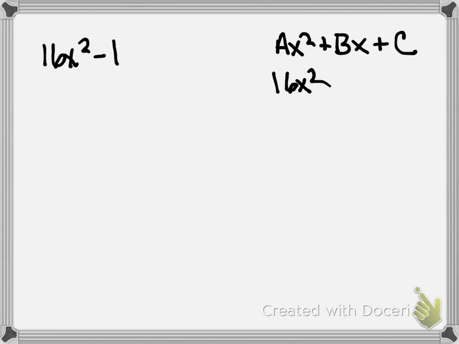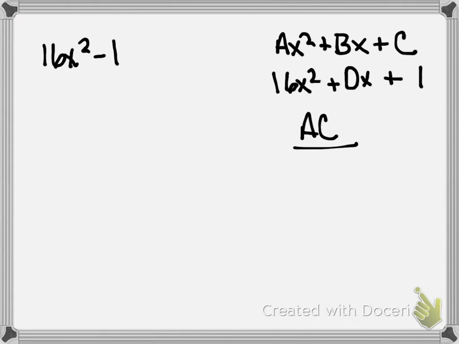So really what you're looking at is 16x squared plus 0x minus 1. The 0x is a placeholder. So when you're doing your factors, whether you use the AC method or the other method, what you're trying to have is two factors that will add up to 0. So these are tricky. Well, let's just use the AC method.